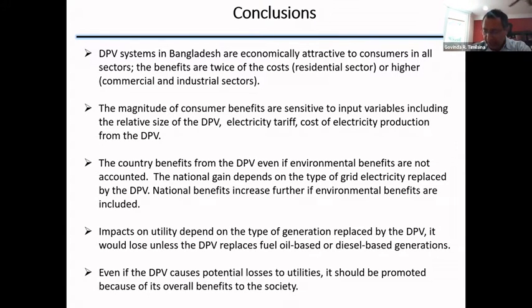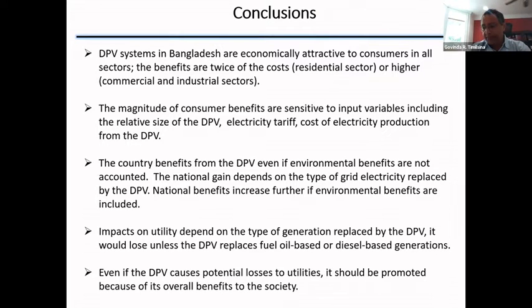So the barriers, there are two types of barriers. One barrier is that the utility still has a kind of reservation towards the DPV because they say that, look, we have already established the institution, we have all the distribution facilities, there is a kind of economy of scale. Now, if you allow DPV too much, we lose our business. They are always reluctant.